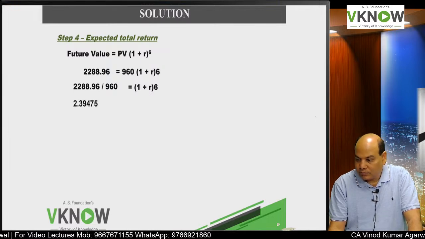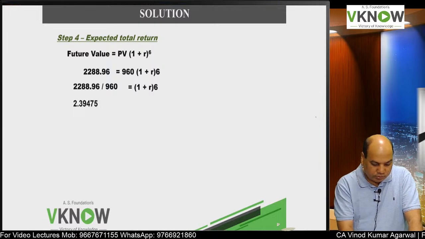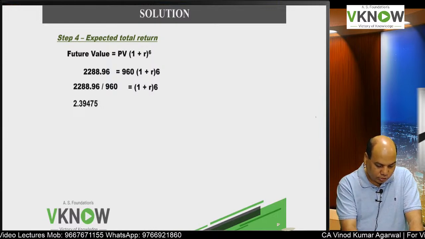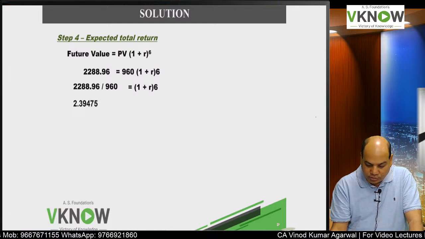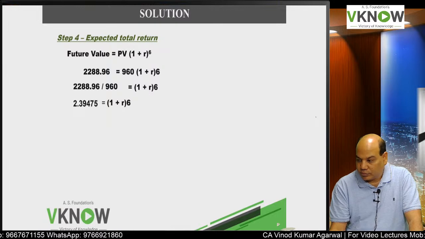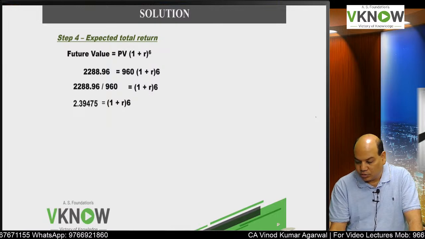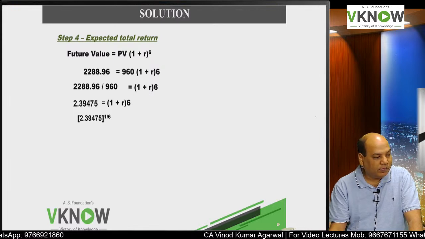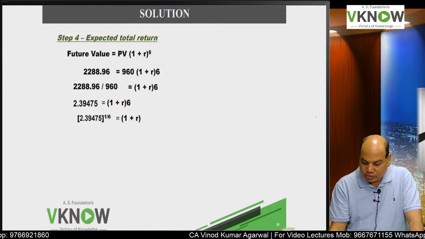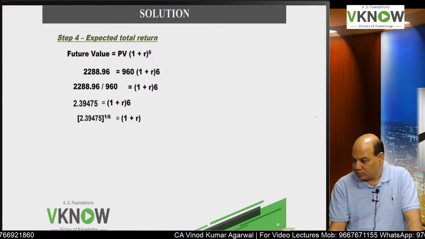Further simplify, this will be 2288.96 divided by 960, 2.39475 is equal to 1 plus r to the power 6, which means 2.39475 to the power 1 by 6 is equal to 1 plus r.